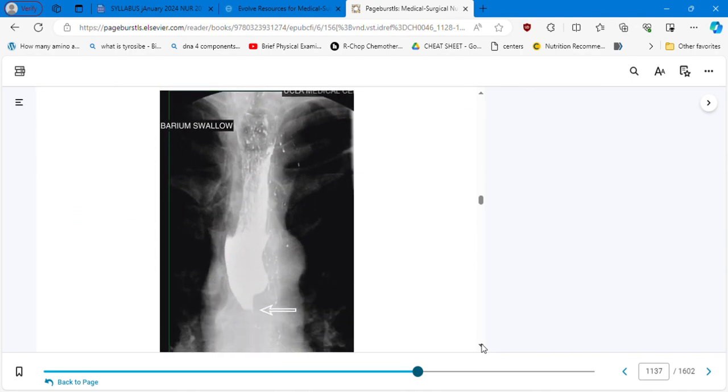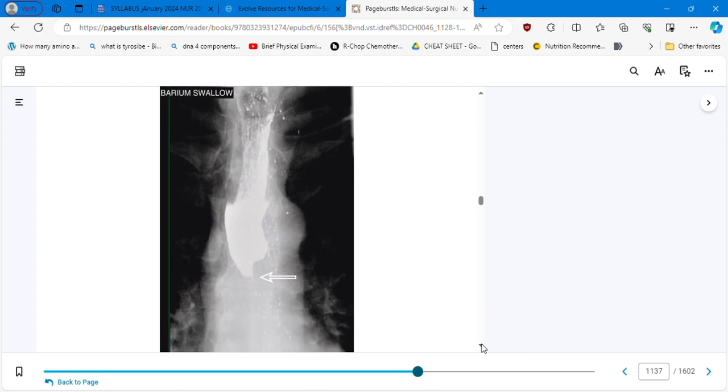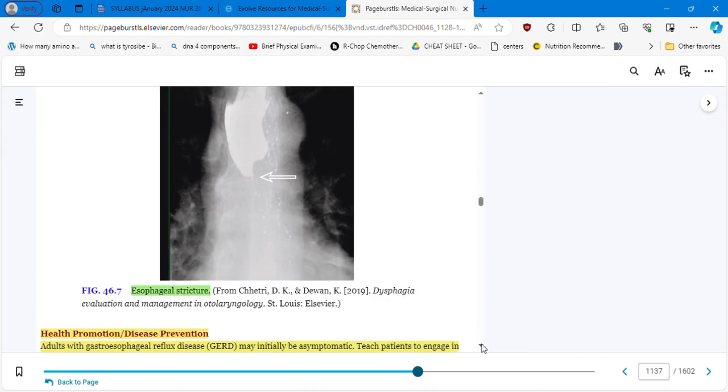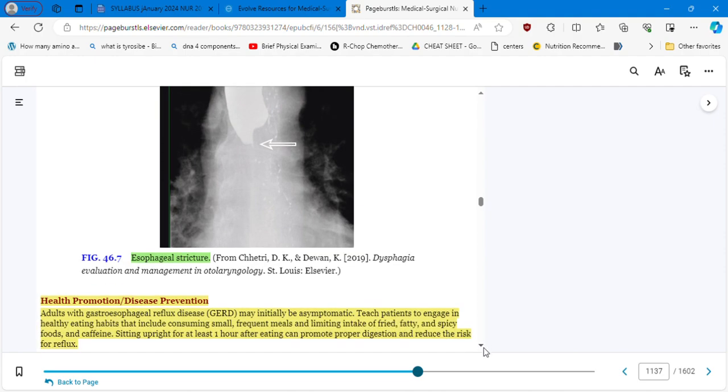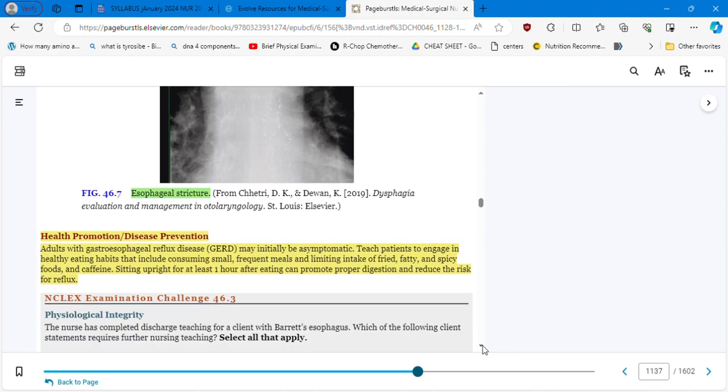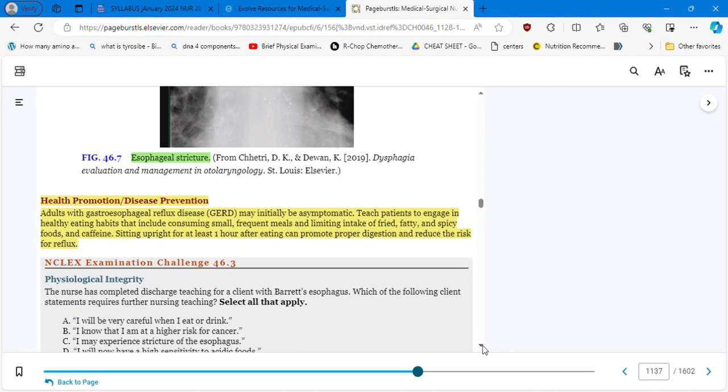So this one here is a barium swallow, esophageal stricture, you can see over there. Okay, so health promotion and disease prevention. Adults with gastroesophageal reflux disease may initially be asymptomatic.